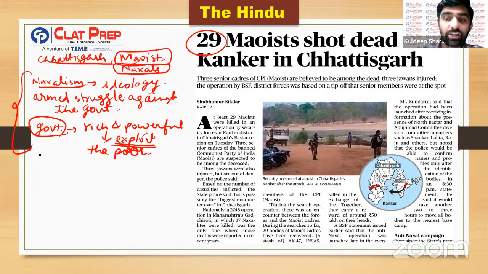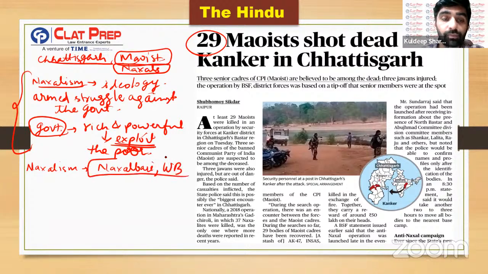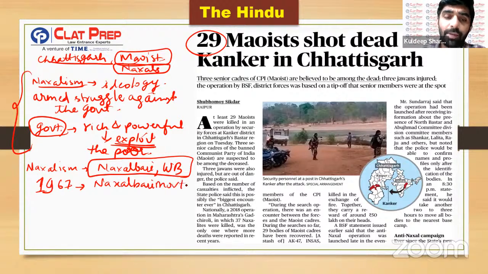So let's look at the history of Naxalism. From where did this name come? Naxalism comes from a village known as Naxalbari, which is a village in the state of West Bengal. In the year 1967, there was a Naxalbari movement, and it was a movement based on Maoism.